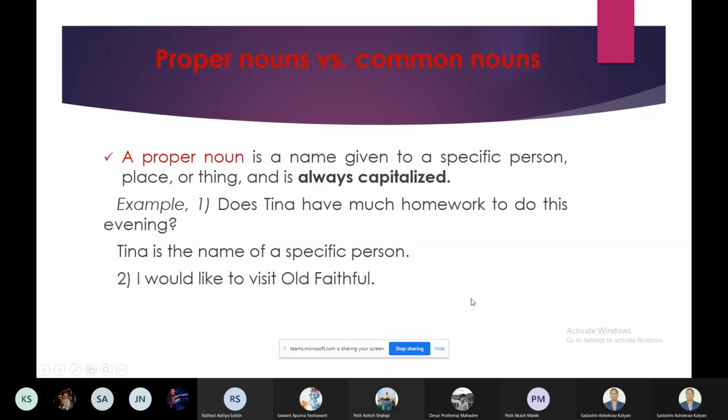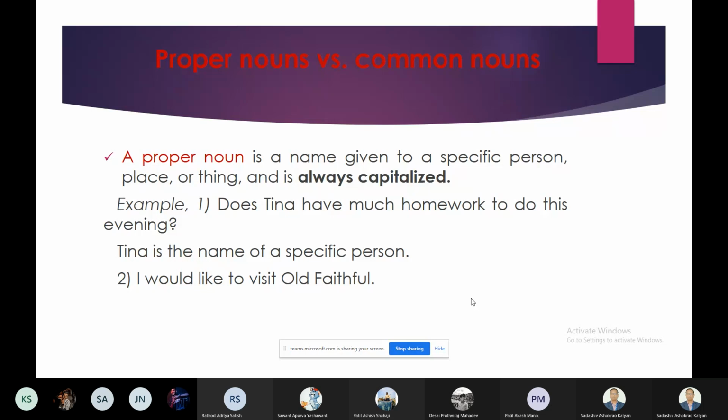Then we have another type of noun, which is the proper noun. A proper noun is shown for any specific person, place or thing.